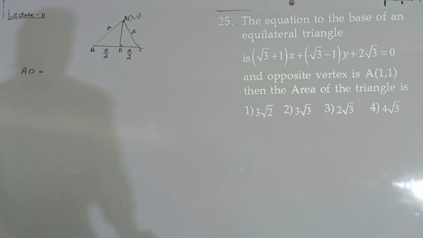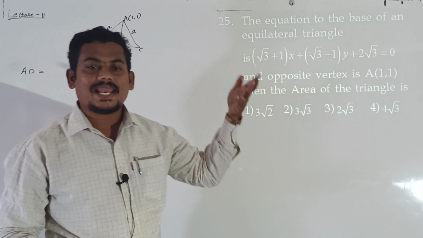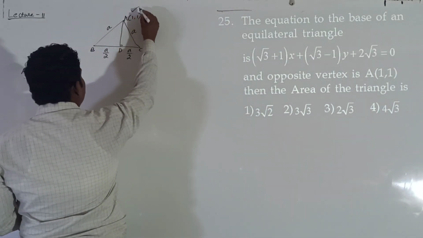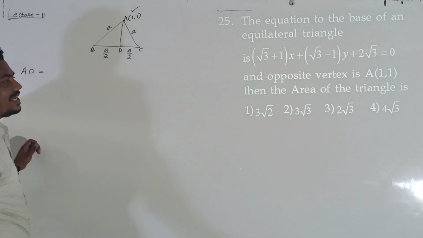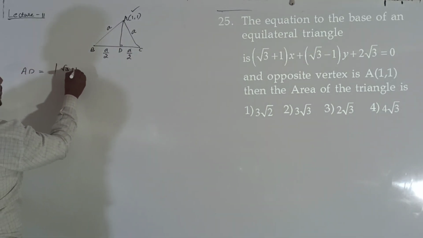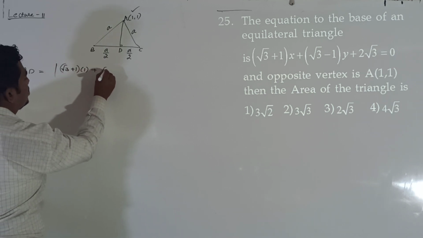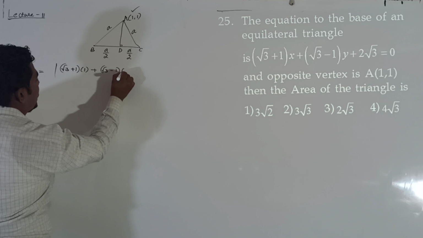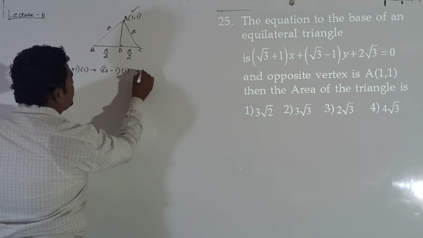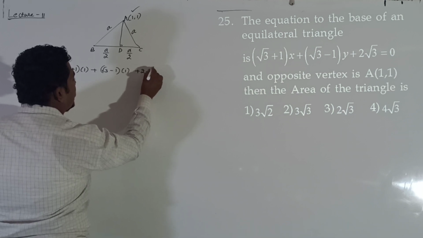AD is equal to distance of BC line from the point A, means from vertex A, means this point is x1 y1 and line is ax plus by plus c. Then modulus of root 3 plus 1 into what is x1 value 1 plus root 3 minus 1 into y1 value is also 1 plus 2 root 3, right?